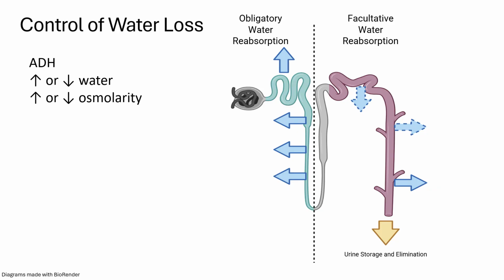So obligatory water reabsorption happens all the time, and facultative water reabsorption happens only under the influence of these hormones. In fact, your cortical nephrons in total don't have the ability to keep you alive on land. You always have to employ these juxtamedullary nephrons.